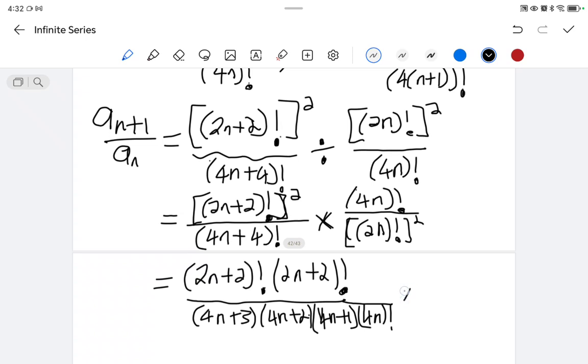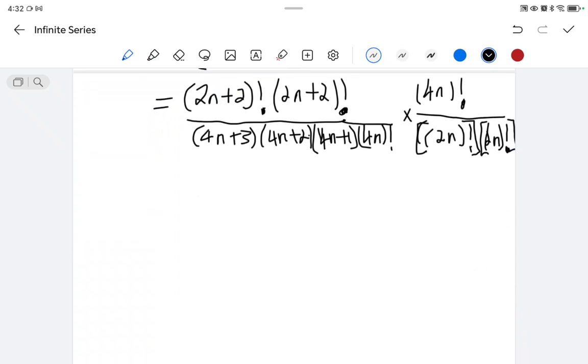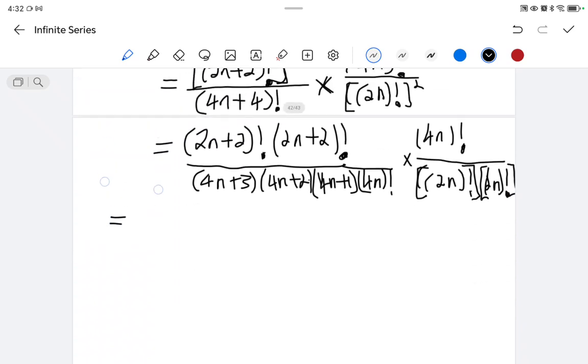Then I multiply by (4n)! all over (2n)! squared, which is (2n)! times (2n)!. Then these ones here, I can reduce them like this, because I know I need to reduce them to (2n)!.